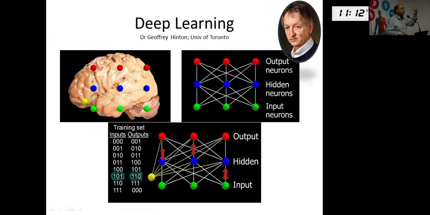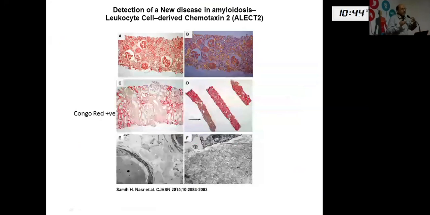So each time we get better at it. So there is a back propagation algorithm that's mathematically possible that Dr. Hinton first talked about and published on. As you can see, any of these neural networks can have a back propagation algorithm that modifies subsequent response to the same stimulus, making it better and better. So you can see how well deep learning can be involved in scanning slides and getting better results.